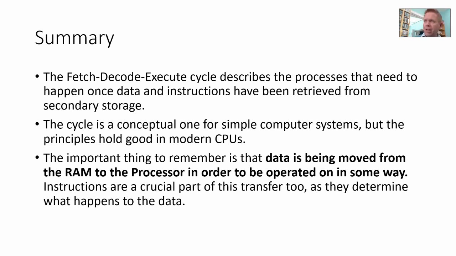And my final point here is just to remember that what we're looking at is data and instructions coming from the random access memory where they've been placed from the secondary storage, and line by line each part of the program being put into the CIR and examined.